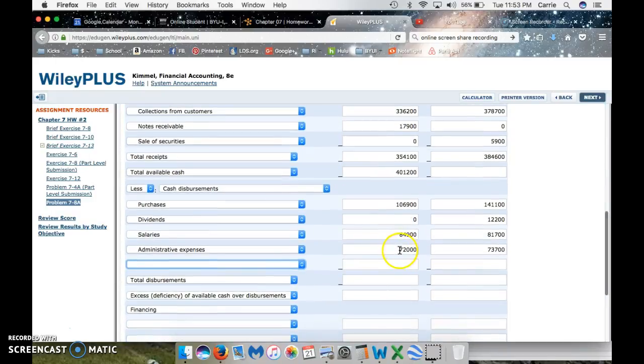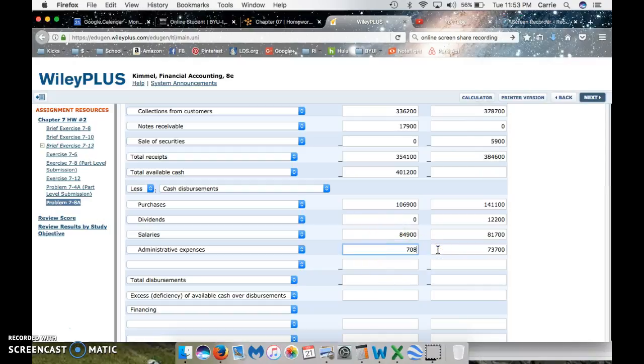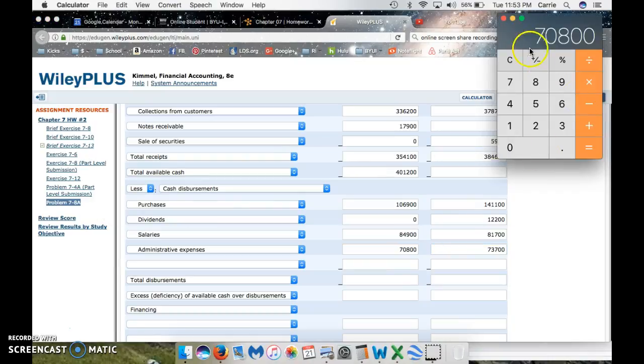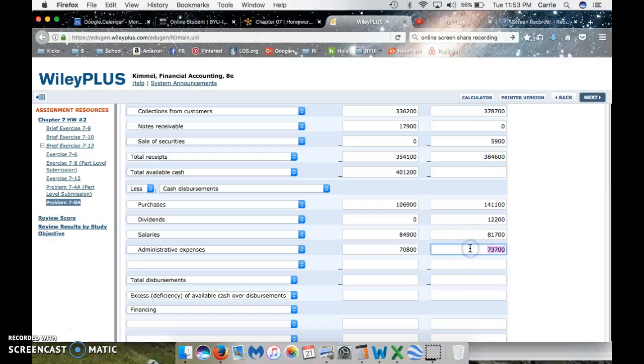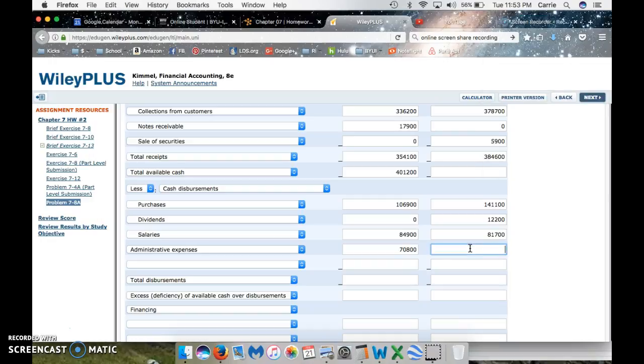So it's that 1,000 minus 1,200, so that should be 70 and 8, and then 73.7 minus 12. I like to do this because it makes me feel better, especially when it's this late at night and I don't have to rely on my brain completely. See, I can't even manage to type the right number.